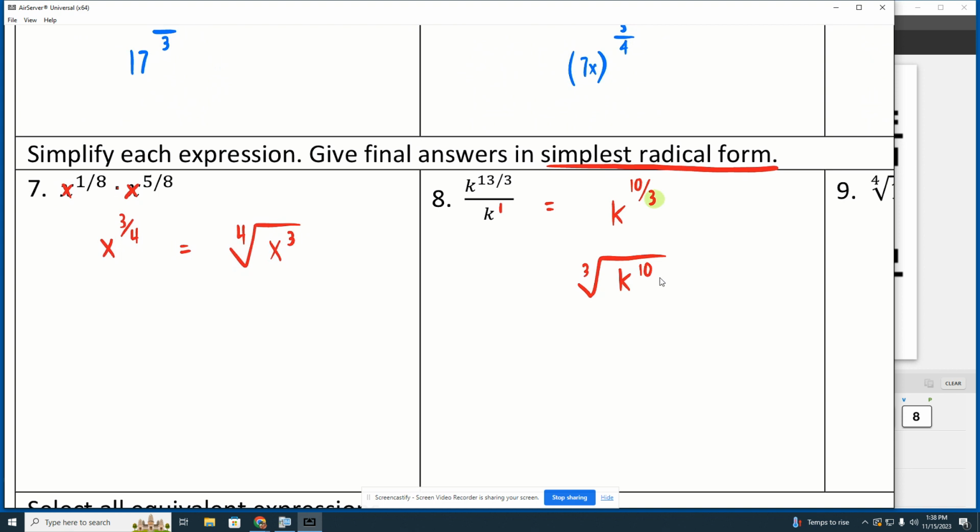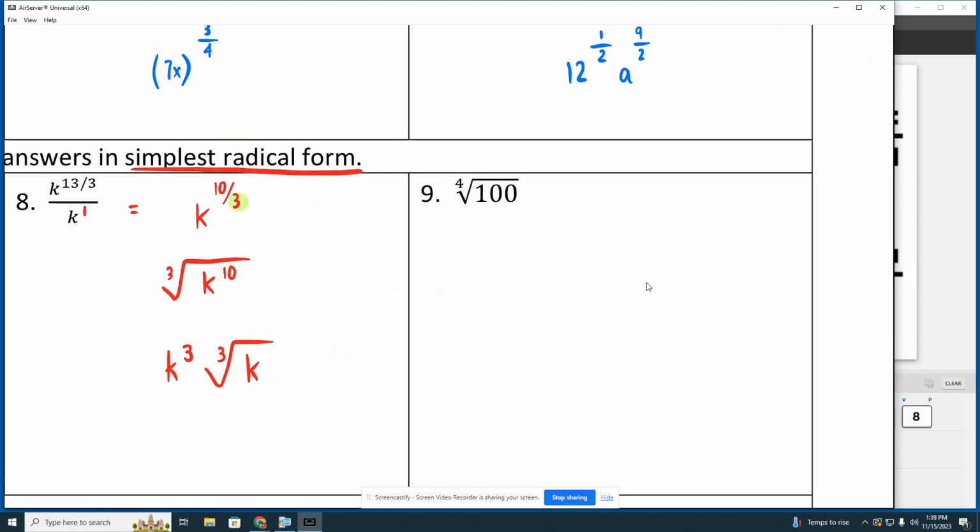So since 3 groups of 3 k's come out, k comes out as k cubed. But again, that's 3 groups of 3. So 3 times 3 is 9. Only 9 of these k's actually escaped. Well, there was 10. So if 9 escaped, then 1 remained. So it's k cubed times the cube root of k.